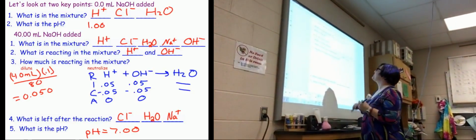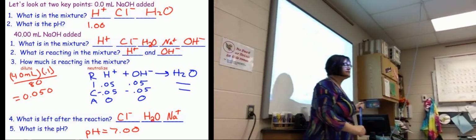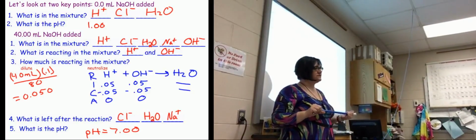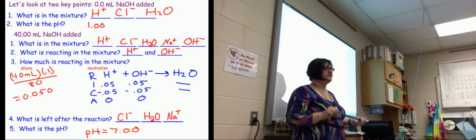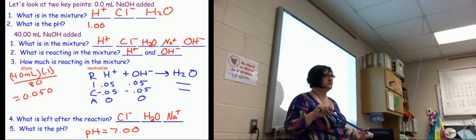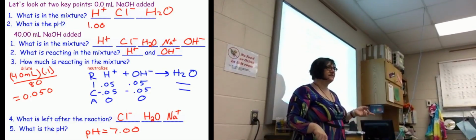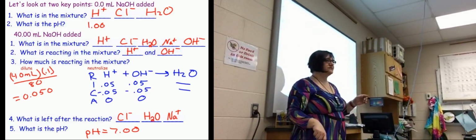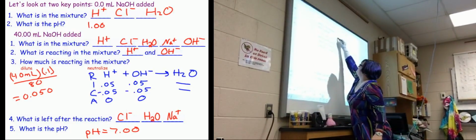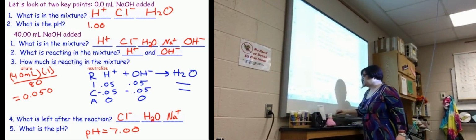All right, so we start off with H plus, Cl minus, and water. And it's 0.1 molar. So what's 0.1 molar HCl? Negative log of 0.1. This is negative log of 1/10, which is 1. That was easy.